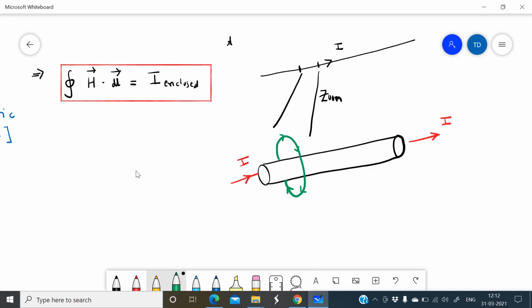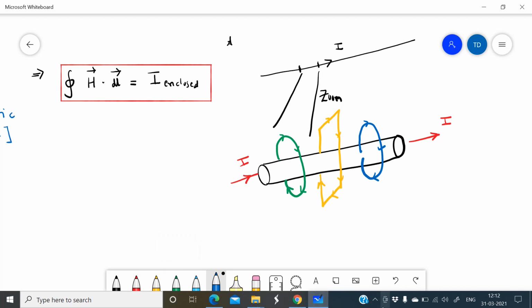I will consider a second closed path with a random shape. You may consider any shape. And I will consider a third closed path. How much current is enclosed by this green path?